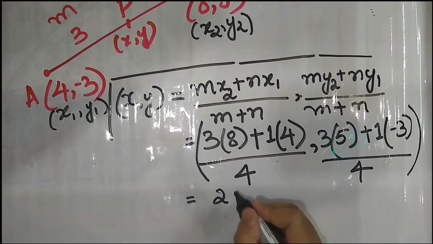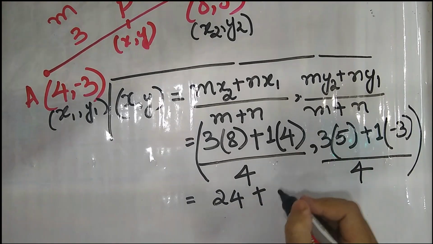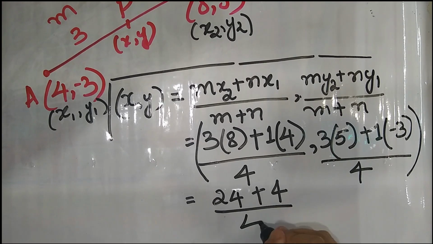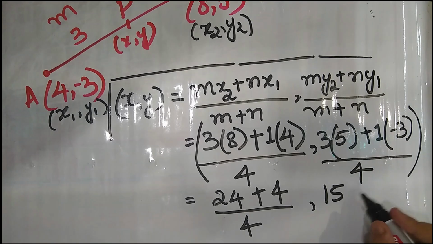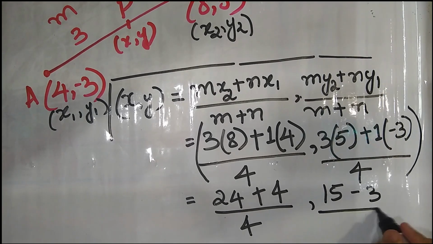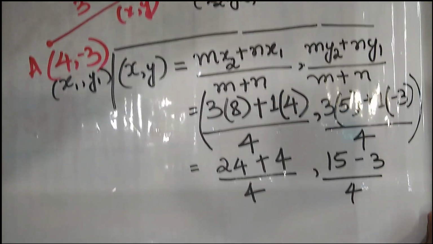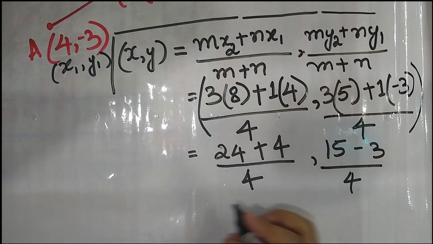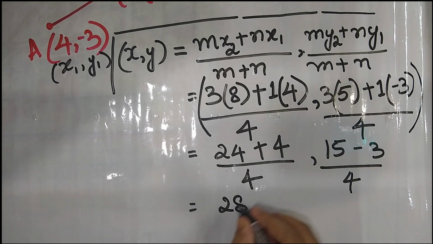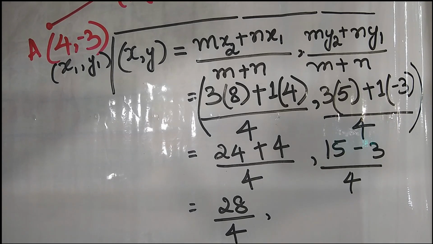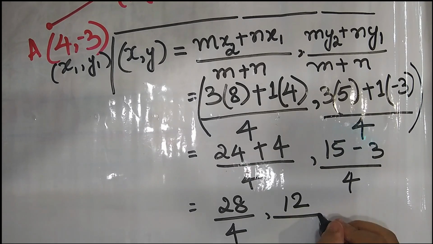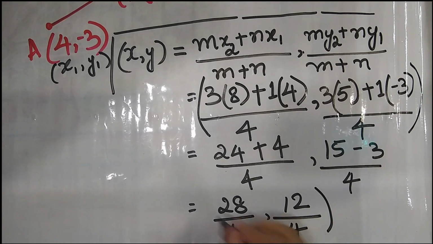8 3s are 24, plus 4 1s are 4, divided by 4, comma 5 3s are 15, minus 3 into 1 is minus 3 divided by 4. 24 plus 4 is 28, so we have 28 divided by 4. Then we have 15 minus 3, which is 12 divided by 4.